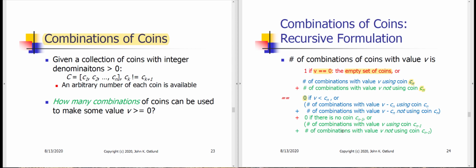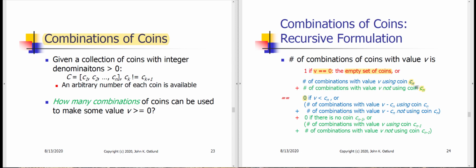Now, as far as the number of combinations that do not use the coin Cn, well, we're going to consider the combinations that use Cn-1 as their maximum coin. Okay? If there is no coin Cn-1, that is, if the only coin that exists is the coin Cn, then there are no other coins to consider, and so the number of combinations that we can use here is 0.